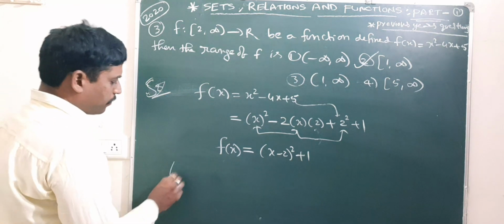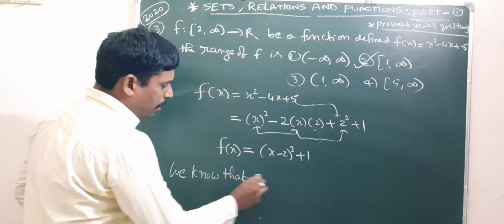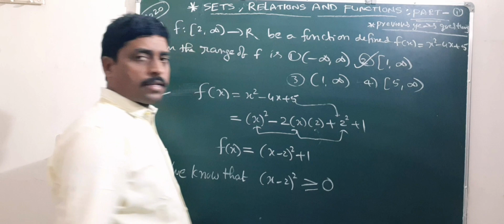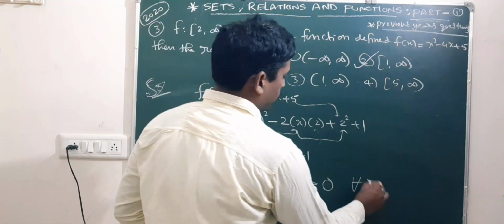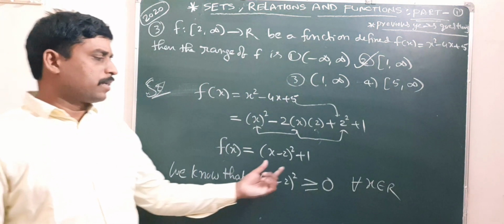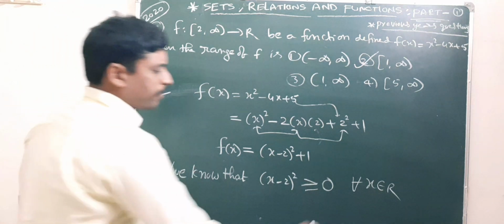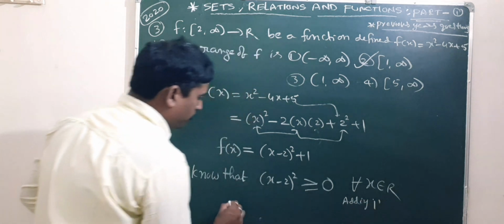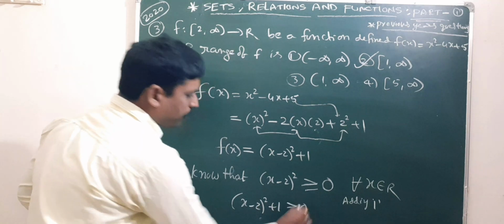We know that (x minus 2) whole square is always greater than or equal to 0 for all x belongs to R. But what is required is (x minus 2) whole square plus 1. So adding 1 on both sides, (x minus 2) whole square plus 1 should be greater than or equal to 1.